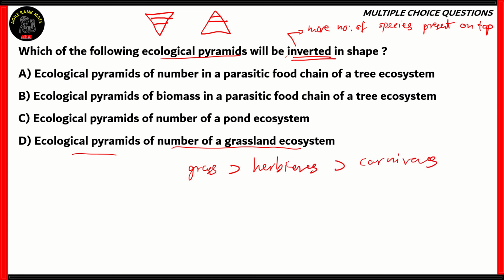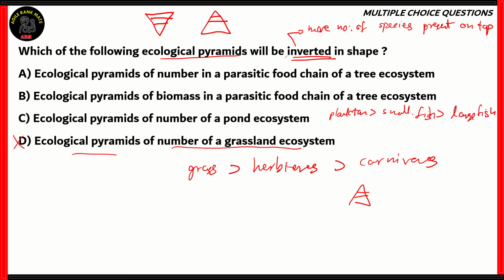And if you look at a grassland, there's more grass than herbivores, and more herbivores than carnivores. So therefore what we have is an upright pyramid. So option D is incorrect. It's not an inverted pyramid. Option C, ecological pyramid of numbers of a pond ecosystem. Again, same thing. You have plankton, then you have small fish, and then you have large fish.